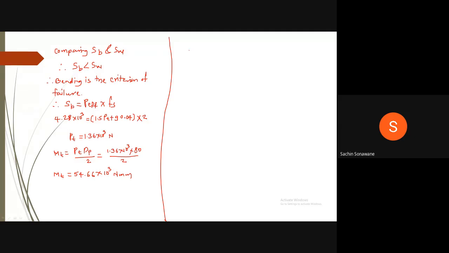Therefore, kilowatt is equal to 2 pi Np MT divided by 60 into 10 raised to 6, which is equal to 2 pi into 500 into 54.66 into 10 raised to 3 divided by 60 into 10 raised to 6. Calculate power transmission and this is your final answer.